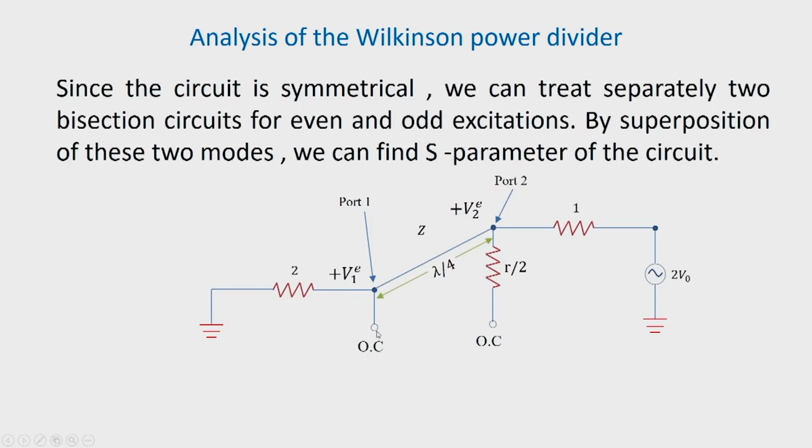So, we have an open circuit here, an open circuit here, and a normalized 2 ohm resistance is connected to port 1. In port 2, we have connected Vg2, which is 2 volt, and a normalized resistance 1 representing Z0, and we have a lambda by 4 transmission line section.